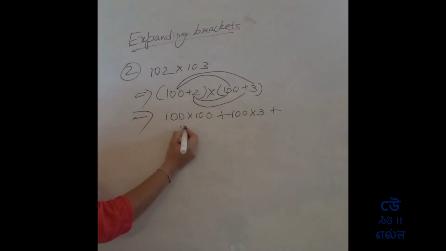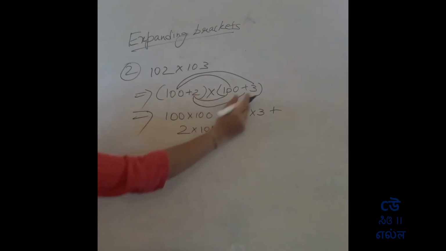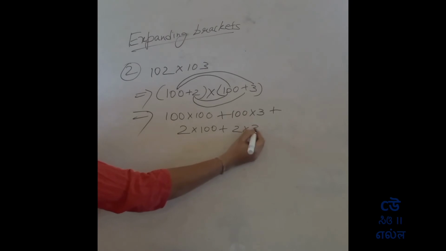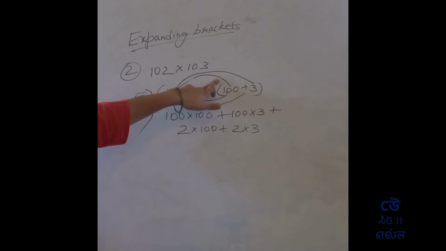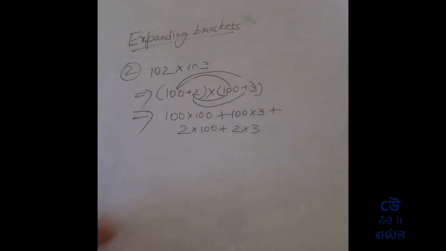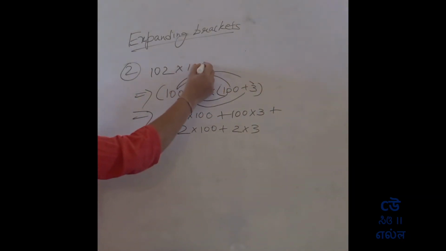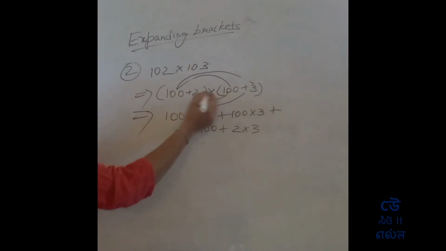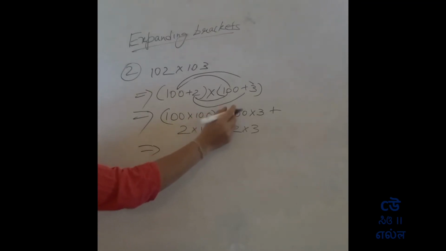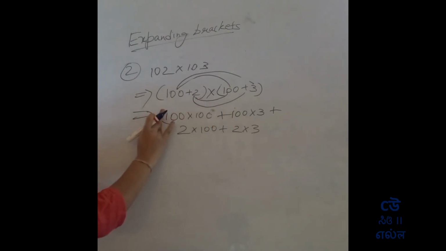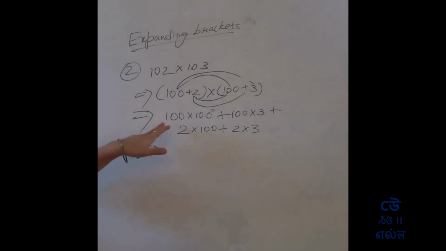So, 2 into 100 plus 2 into 3. Understood, children? How did I do? First, this number with this number, this number with this number. Next, 2 with 100. Next, 2 into 3 you will do. Multiplying the numbers which are in the bracket. So, no need for brackets now, you will get confused.